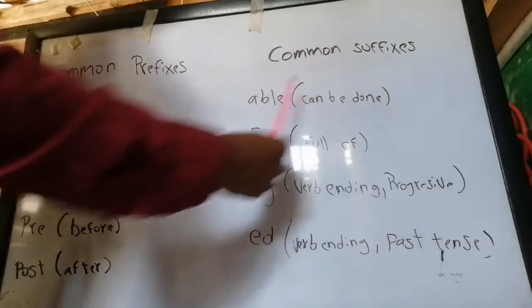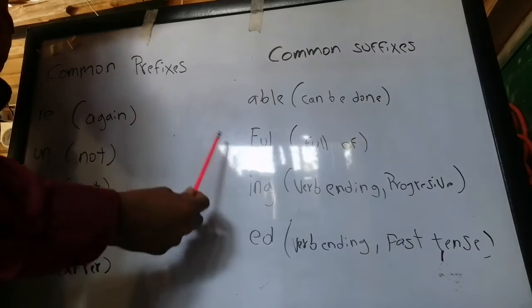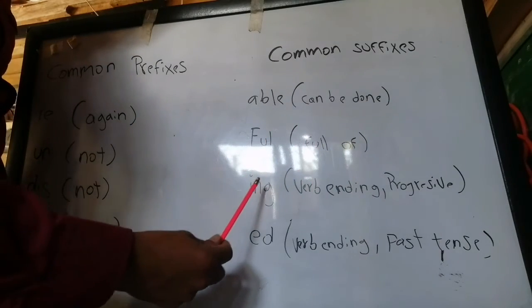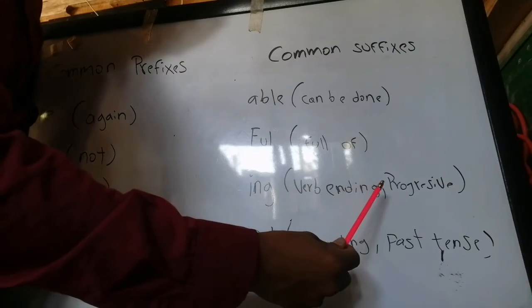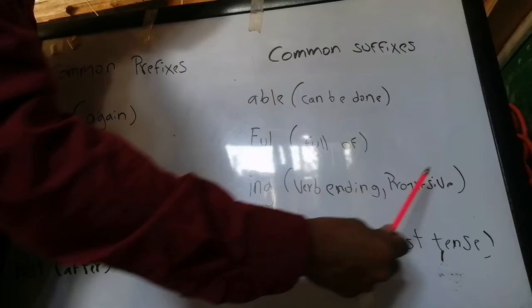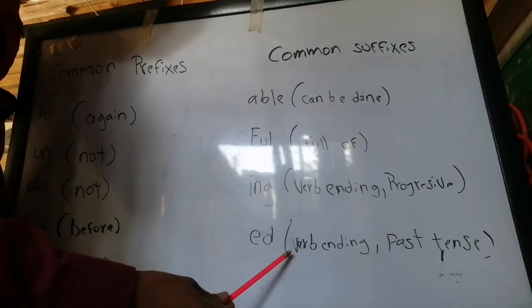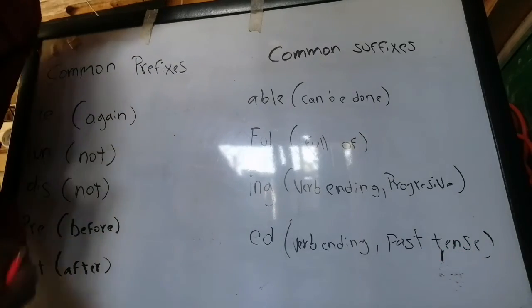And we have suffixes. We have able, which means can be done. We have ful, which means full of. We have ing, which means verb ending, progressive. And we have ed, verb ending or past tense.